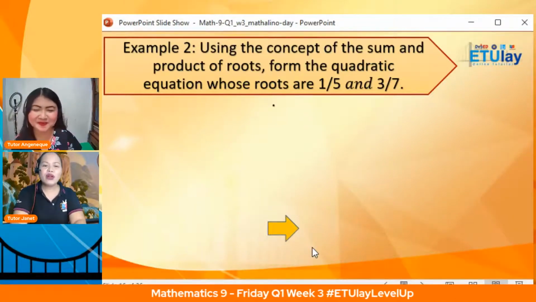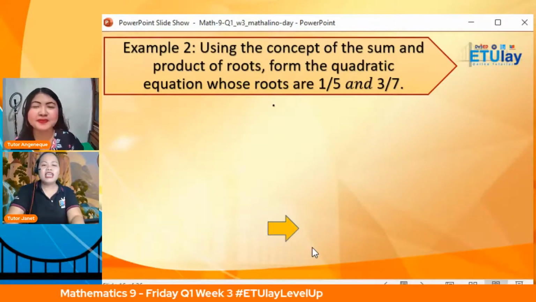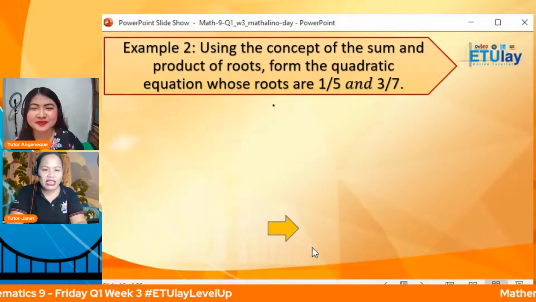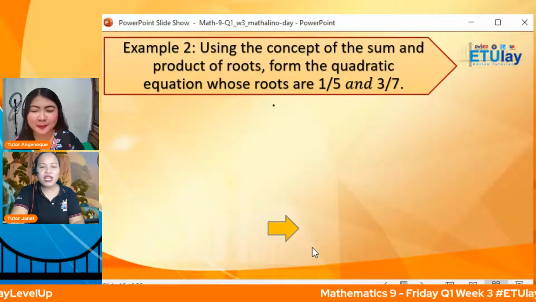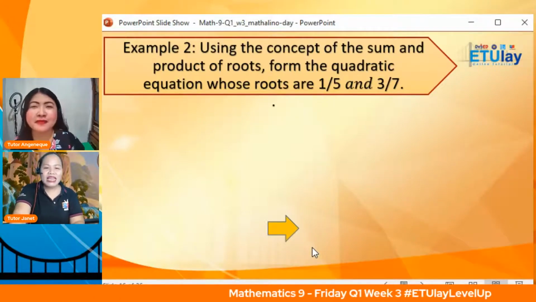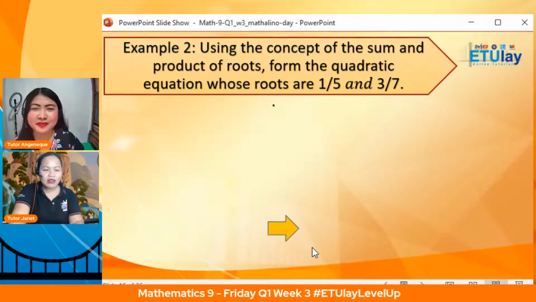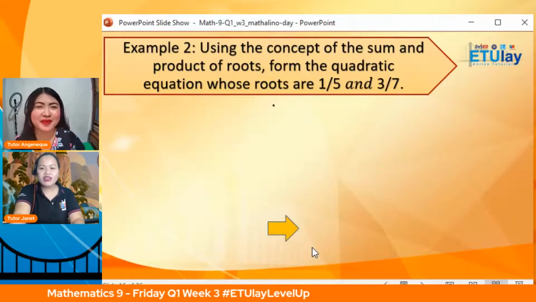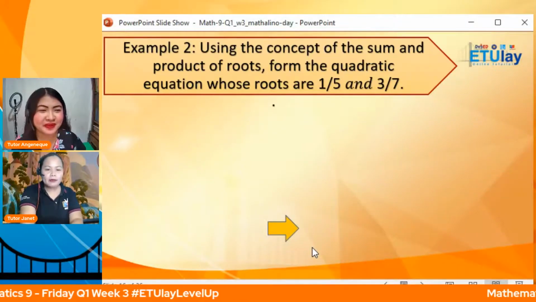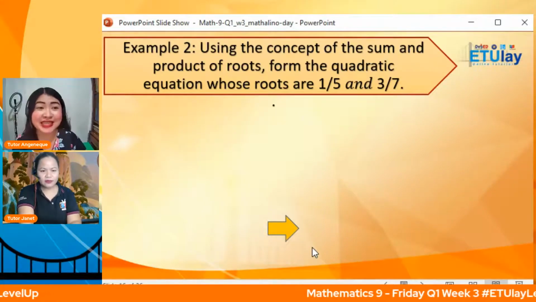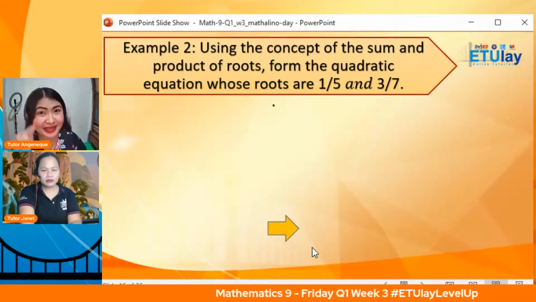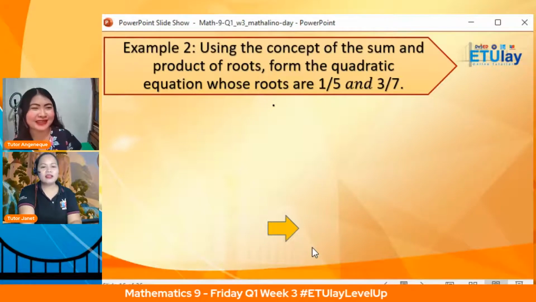Okay. So, how are we going to do that in that case? I-recall natin yung binigay na formula ni Tutor Angenique towards the end of the lesson. Plug in lang or ilagay dun sa equation na sinusunod: x squared minus the sum, and then x plus the product.